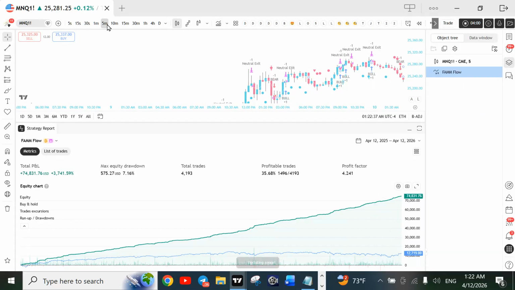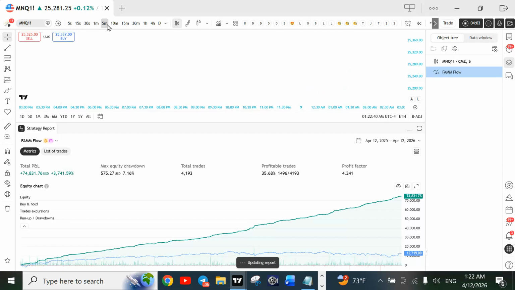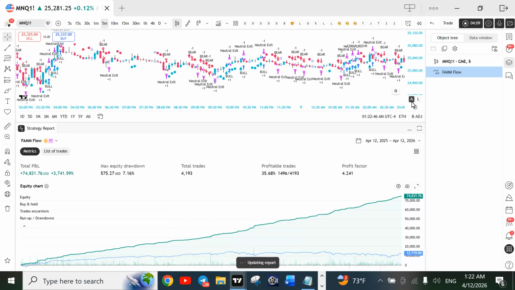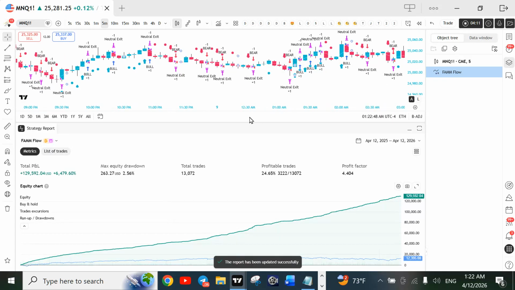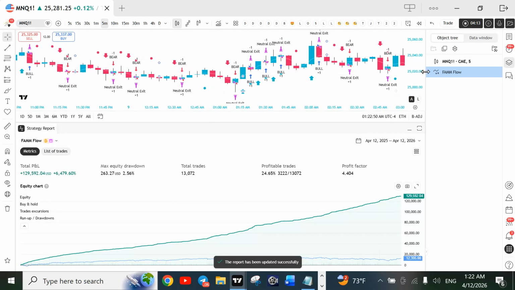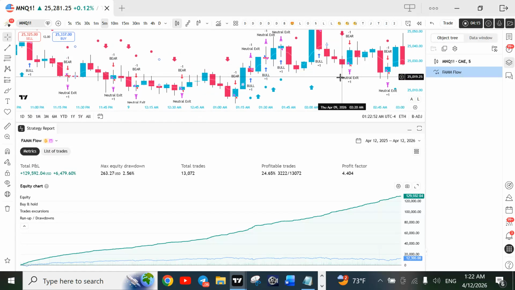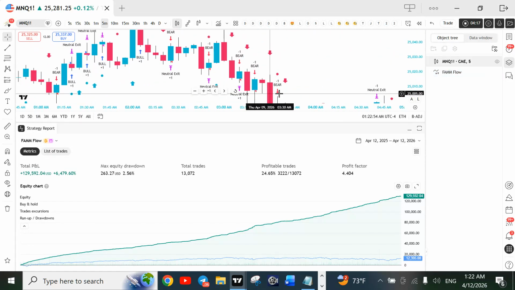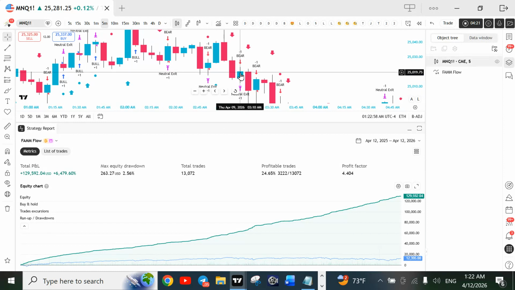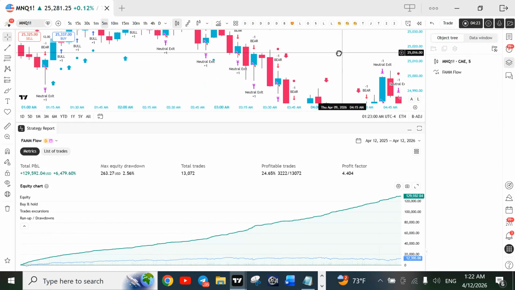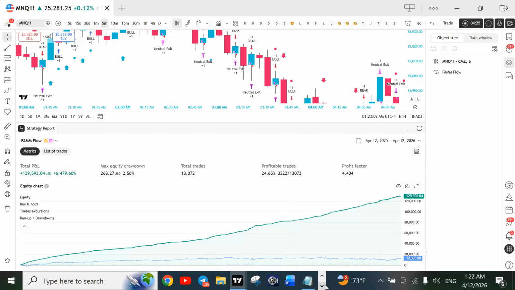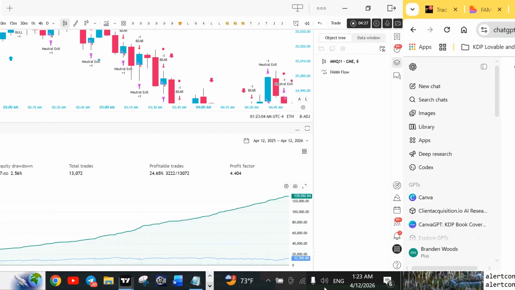So this is what it looks like on the 5 minute, as soon as it loads up. It looks really noisy and busy, but I want it to be busy. The win rate is going to stay low because it's going to keep probing and having very, very small losses.